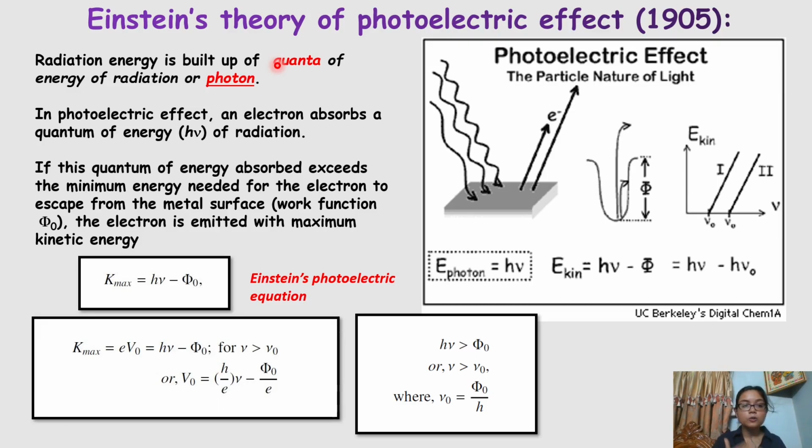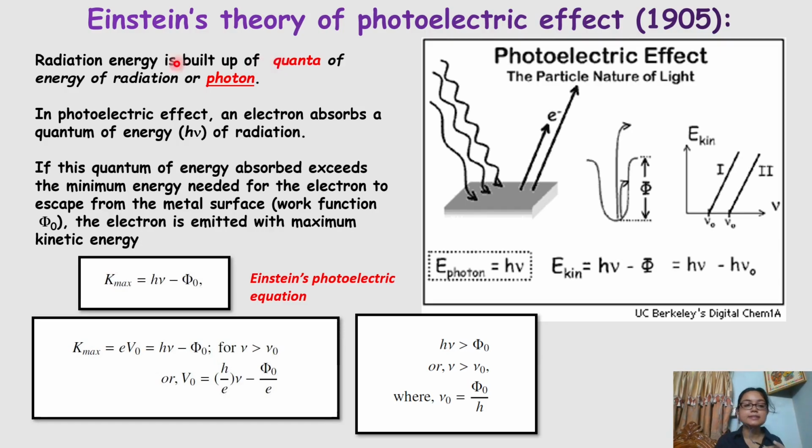If the quantum of energy absorbed exceeds the minimum energy needed for the electron to escape the metal surface, then the electron is emitted with its maximum kinetic energy.